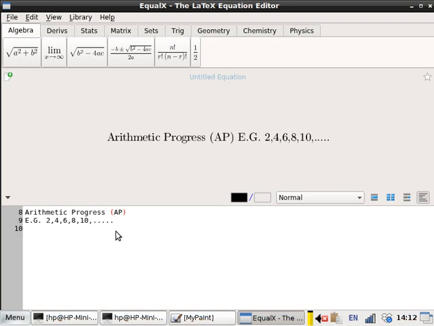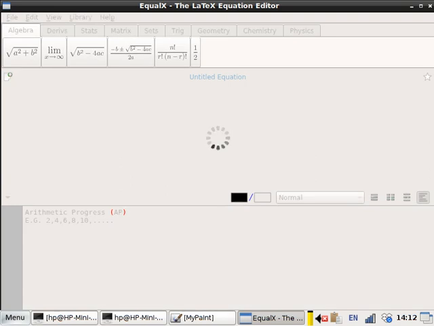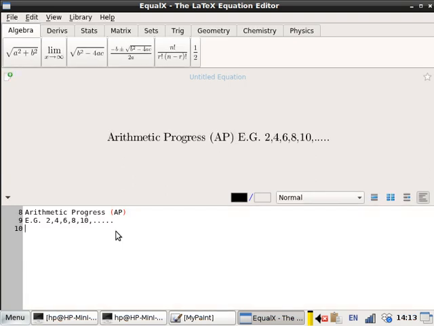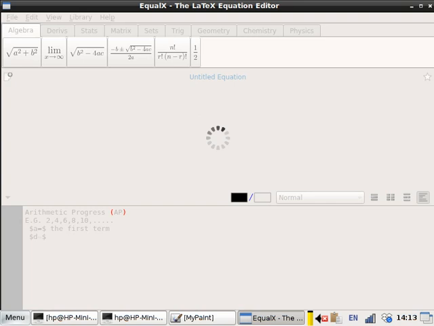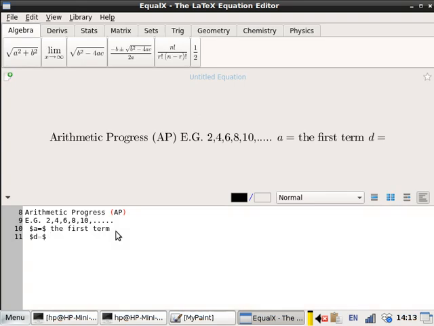So we can try and put a formula together for arithmetic. If we use some letters, let A equal the first term, and then D. Now I wonder if anyone knows the name of the D. The D is what we'll call the thing you add each time. Yeah, common difference. Oh, actually, we'll need some new lines, won't we?